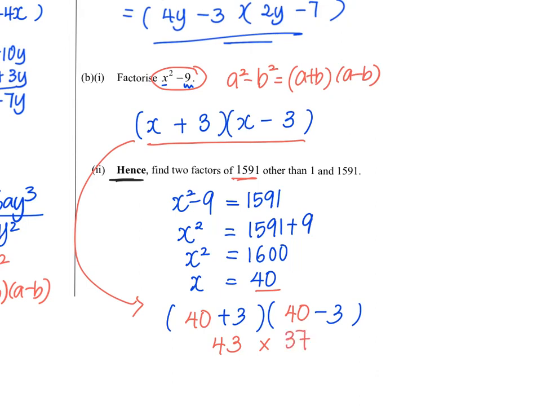Let's check. 43 times 37, is it equal to 1591? Yes, it is. So to find two factors of 1591, therefore, the two factors are 43 and 37.